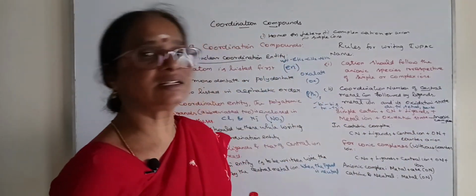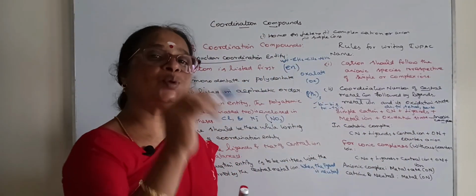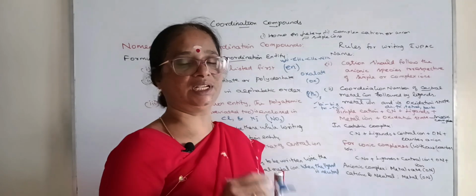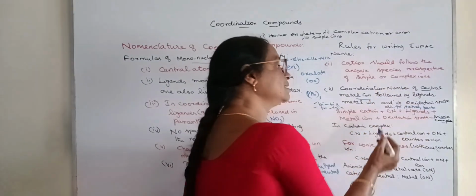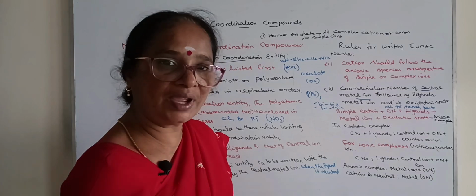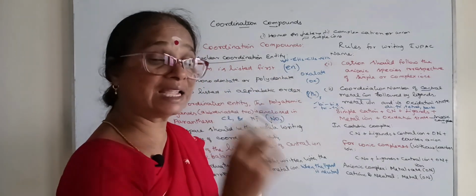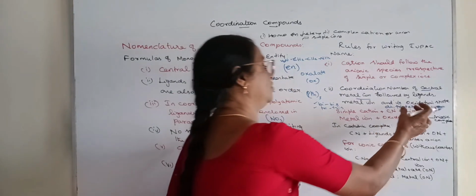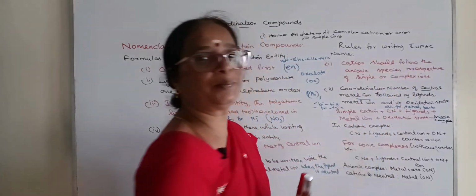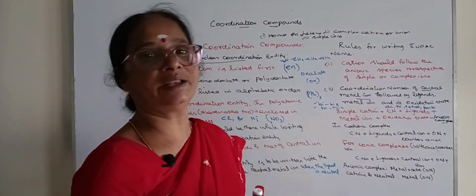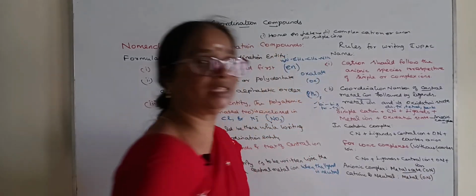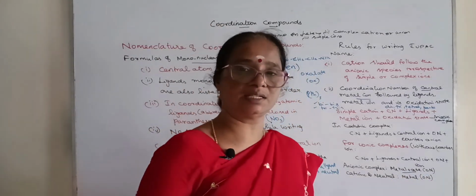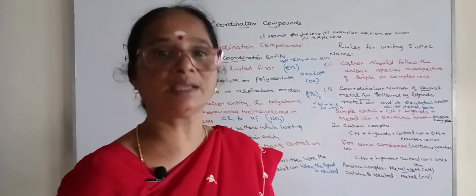The ligands, whether negative, neutral or positive, we have to identify. For the anionic complexes, if the ligands in the homoleptic complexes are only negative, then the metal should always end with the suffix ate. So metalate will be given.